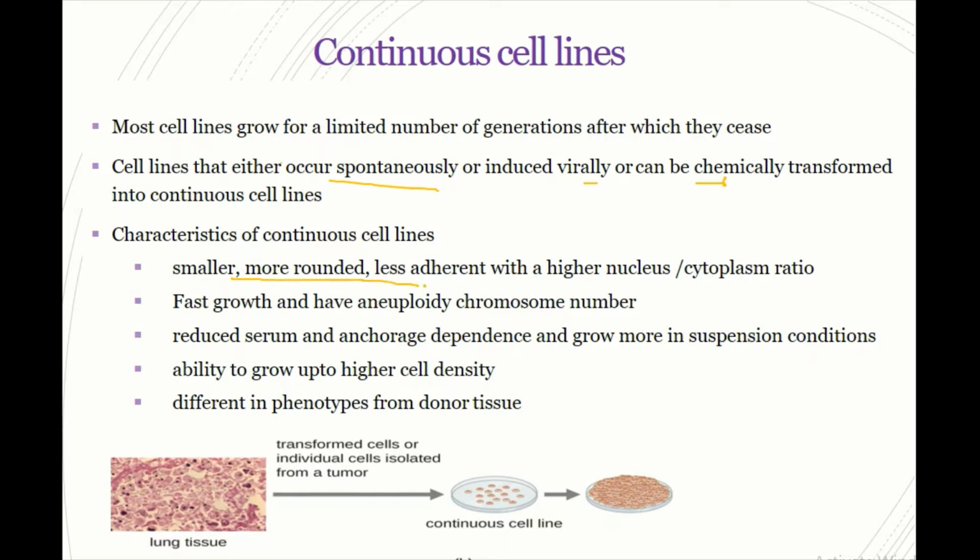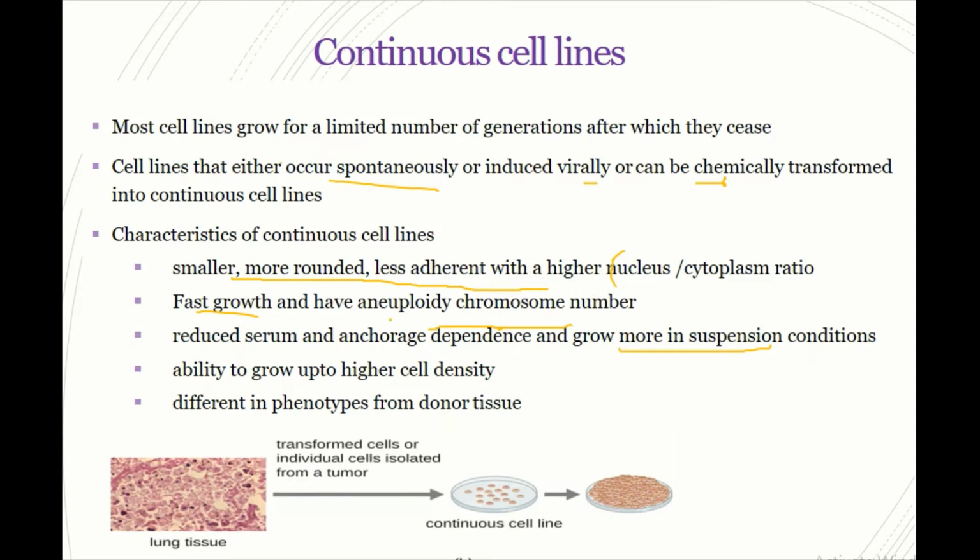Usually these will be small, more rounded, less adherent, and usually abnormal. They have a higher nucleus to cytoplasm ratio as compared to the lower nucleus to cytoplasm ratio in normal cells. Of course, they grow very fast, but have an aneuploid chromosome number. They have reduced serum and anchorage dependence, and therefore most of the time they grow in suspension conditions.